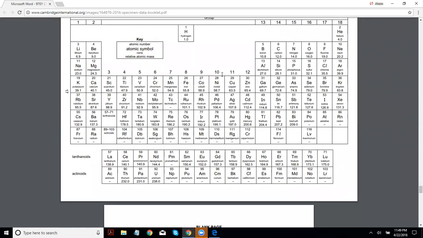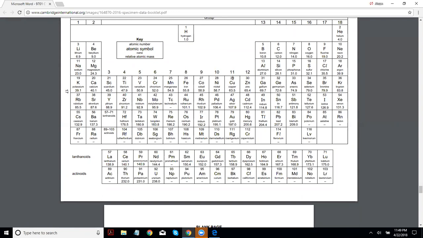I am looking at the data. But nickel is 3d8, so won't it form nickel 2 positive? Nickel is difficult. Won't it be copper instead of nickel? Copper is 3d9 or 3d10 in fact.